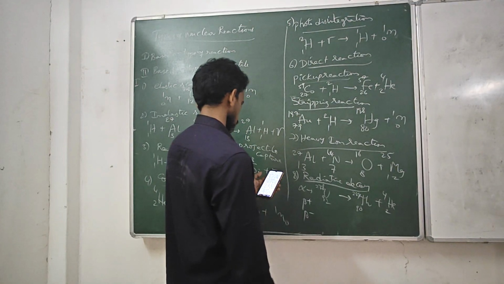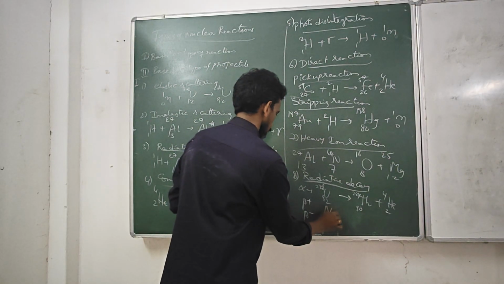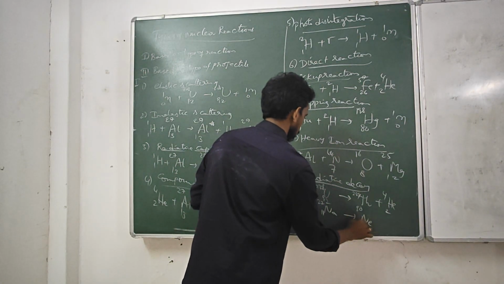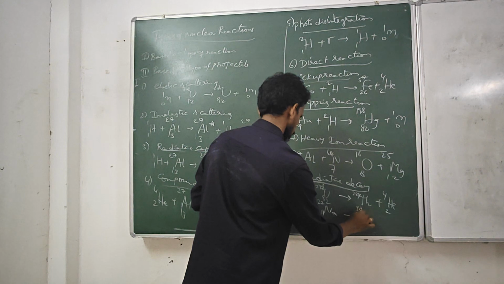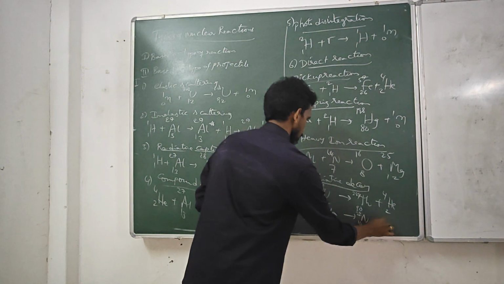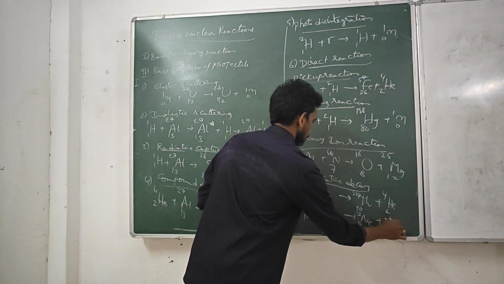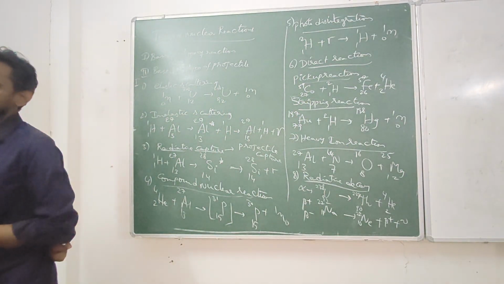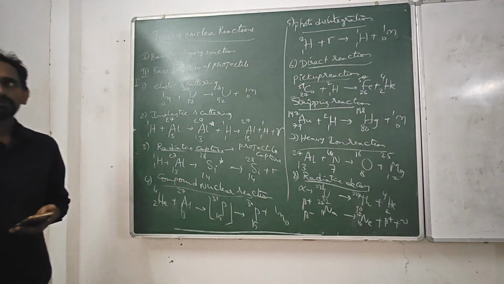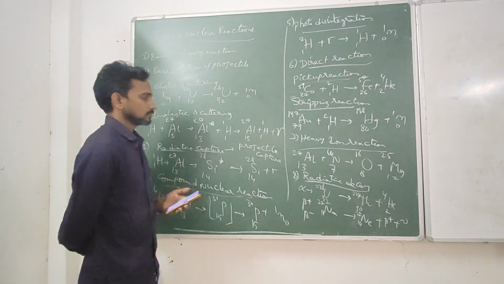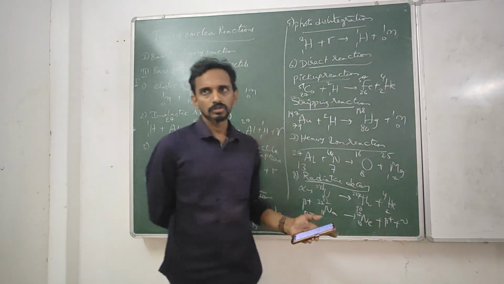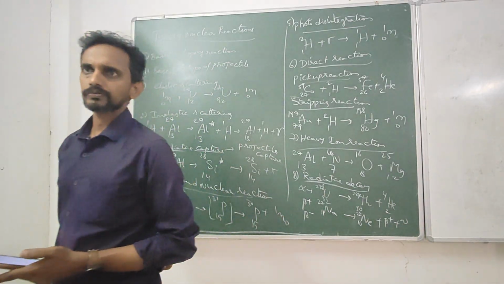Atomic number reduces. So Na-22 11 becomes Ne-22 10 plus beta plus plus neutrino. So the proton is converting into a neutron, so atomic number reduces.